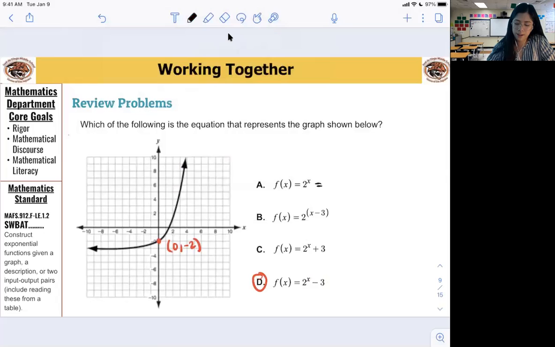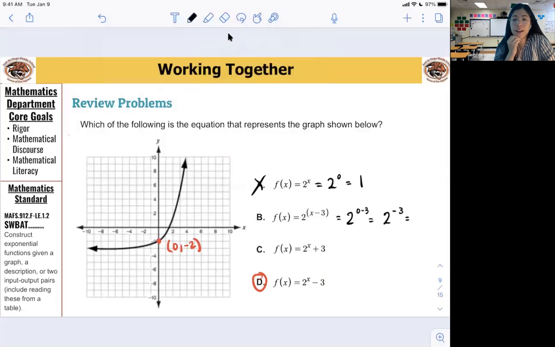I know that this is where it should be, so now I can check each answer choice and see if that's what I get. Here, if I plug in a 0, 2 to the power of 0 is 1, so it's not A. Here, 2 to the power of 0 minus 3, that's 2 to the power of -3.